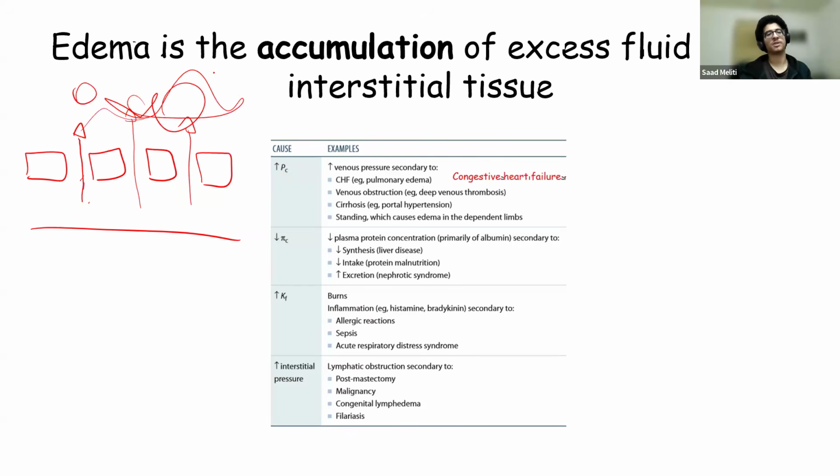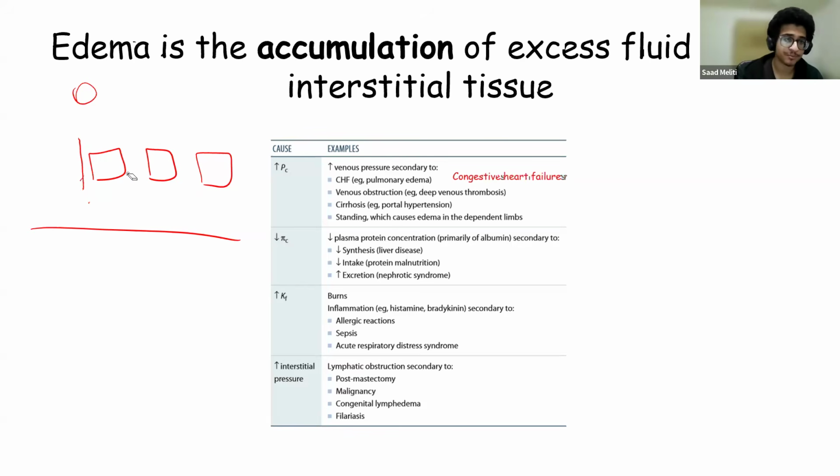So more fluid is going to accumulate outside here. Proteins can also leave, okay? And these proteins are going to be pulling on the water as well. It's like a whole process, but don't think too much into the details. Just think about it as increasing the spaces between the endothelial cells. As a result, more water can flow out. So this can lead to edema, okay?